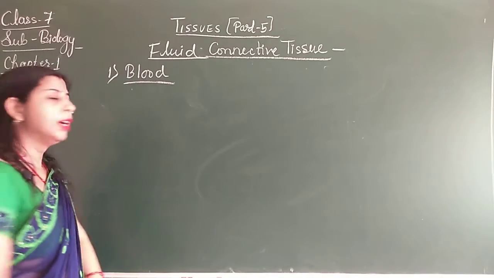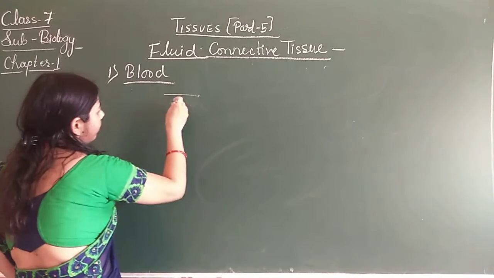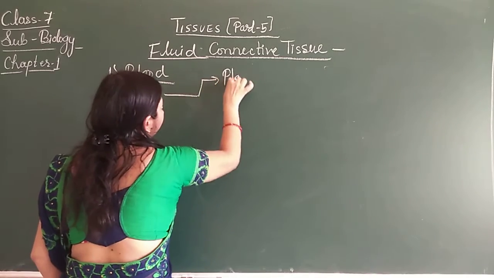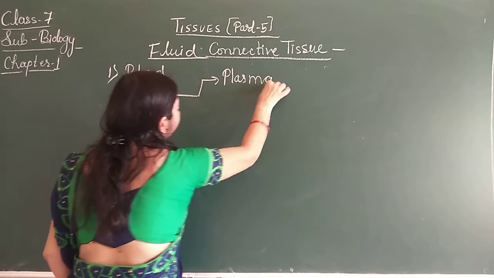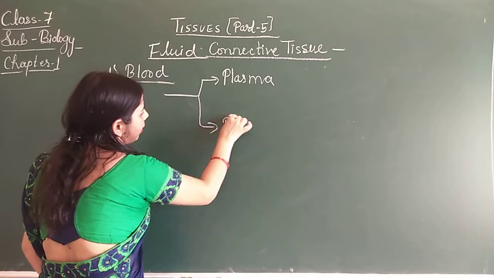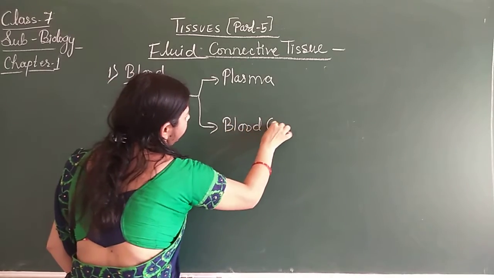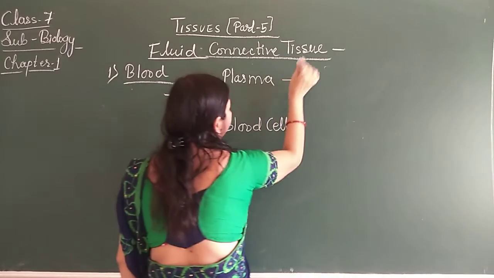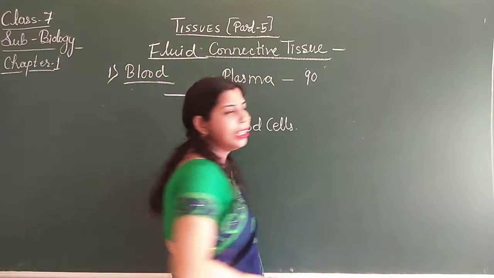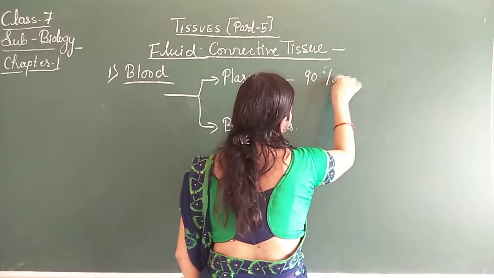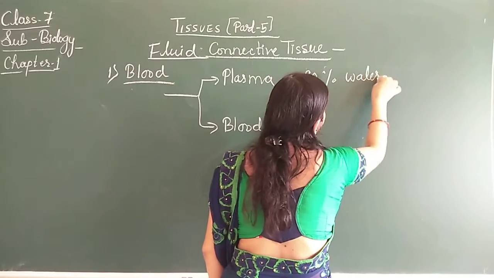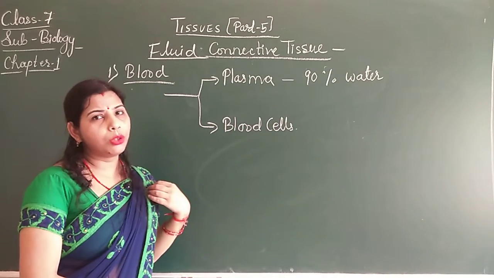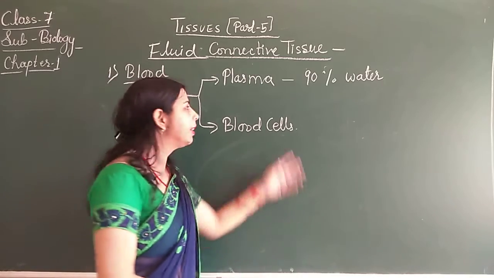Now blood is mainly of two parts. One is the plasma and second is the blood cells. Plasma is the watery part of blood, which contains approximately 90% water, and the other 10% has inorganic salts, glucose, some ions and different things.